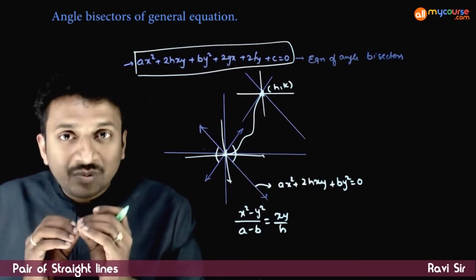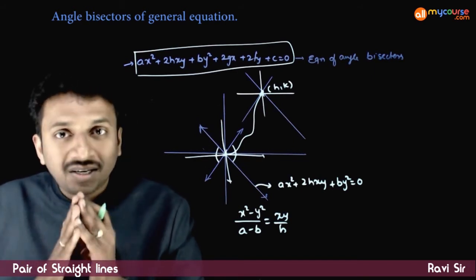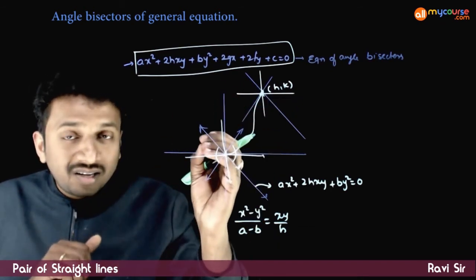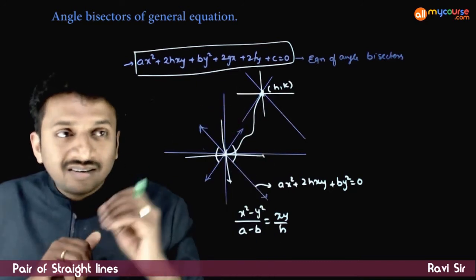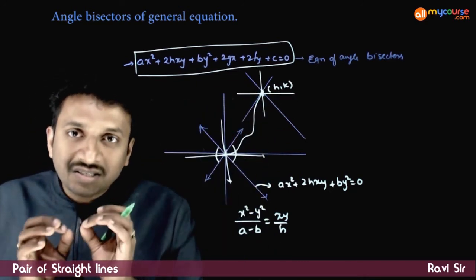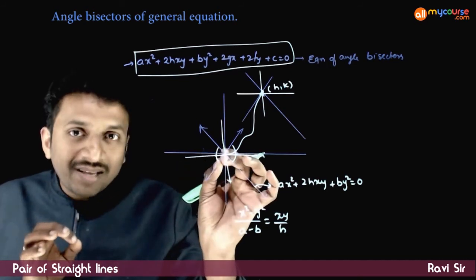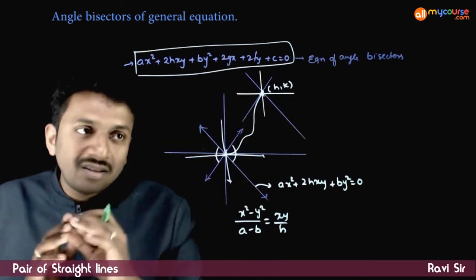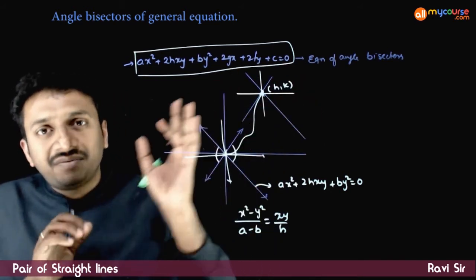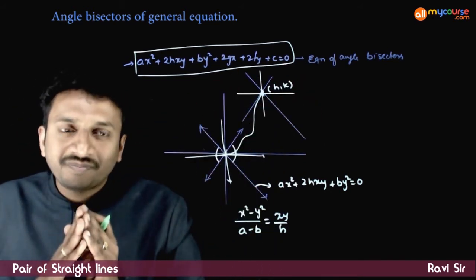So what is the transformation which ensures that the curve gets translated from origin to the point h comma k? We just need to put x minus h in the place of x, y minus k in the place of y. The curve gets shifted to h comma k.